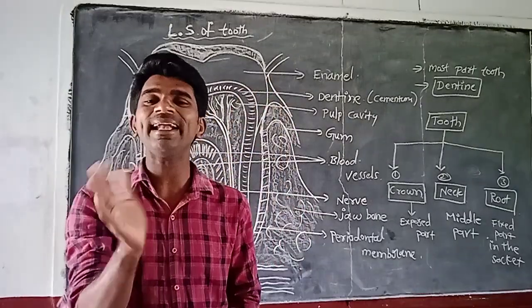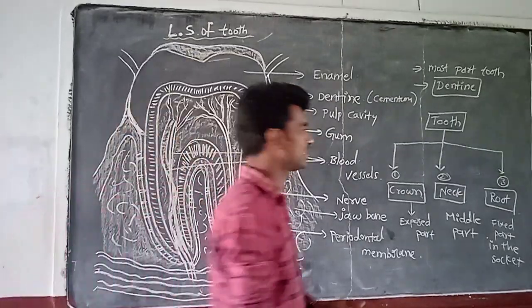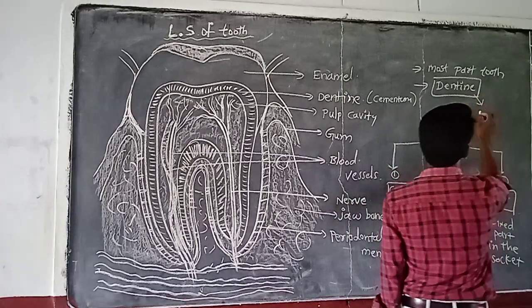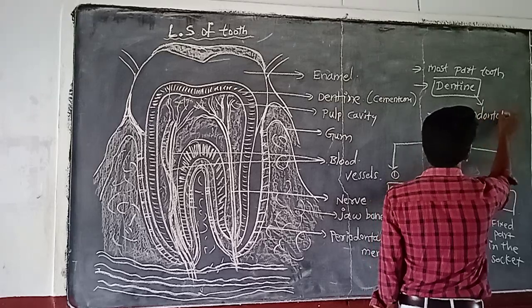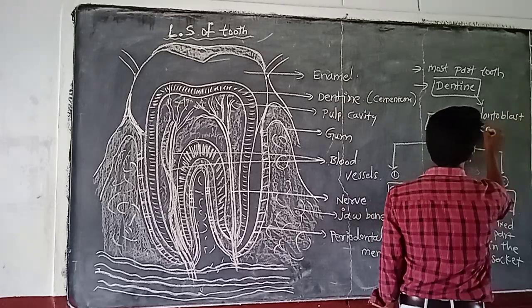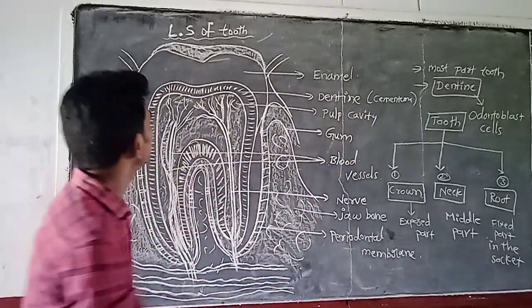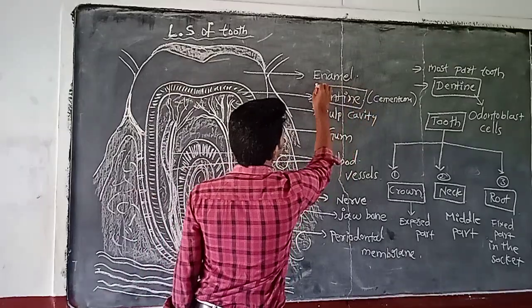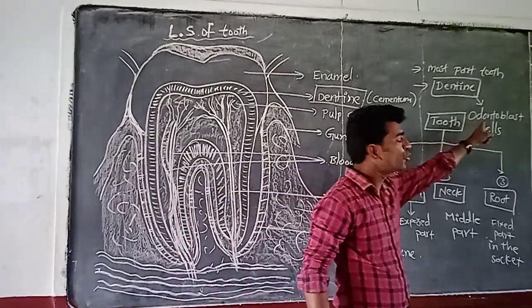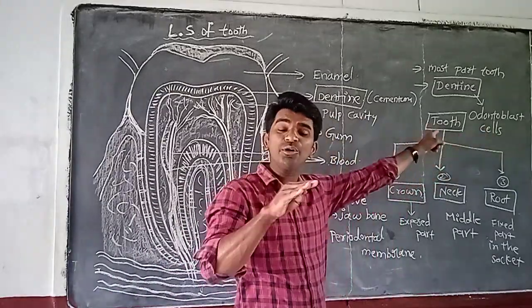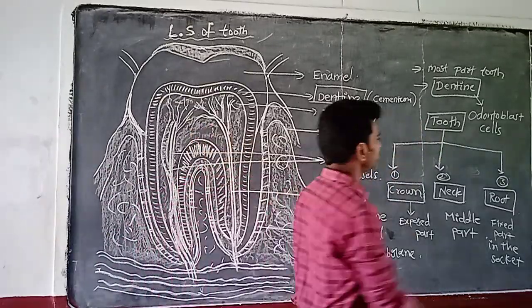The dentine is secreted by the cells called odontoblast cells. This is the dentine part, secreted from the odontoblast cells. The odontoblast cells are formed by the mesoderm.